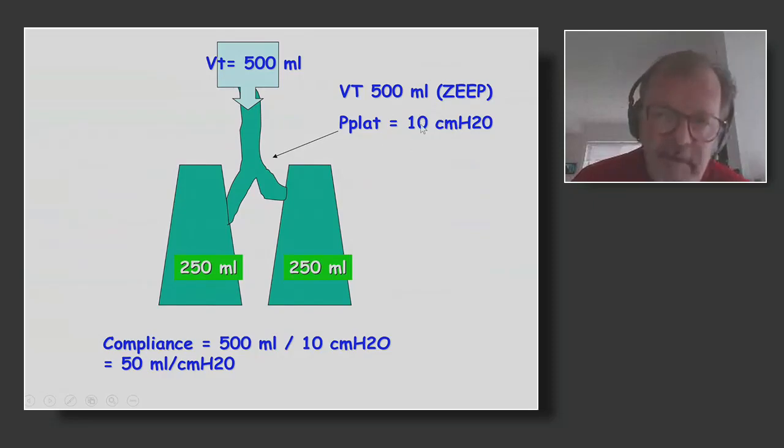You remember this is the one we measure when we have a pause at inspiration, of only 10 centimeters of water. And of course, when we insufflate 500 ml, there is approximately 250 ml in each lung. When we calculate what we call the compliance, we divide the tidal volume by the pressure. And in this case, it would be 50 ml per centimeter of water.